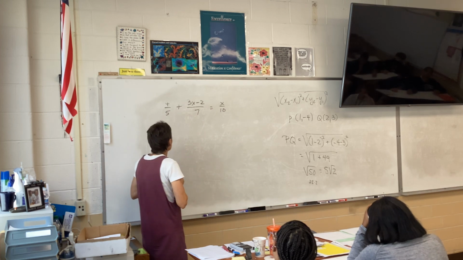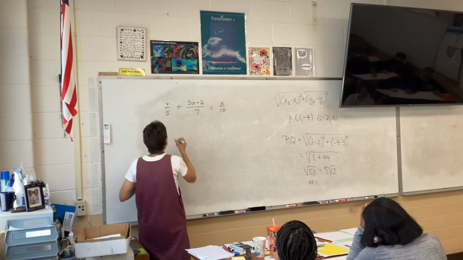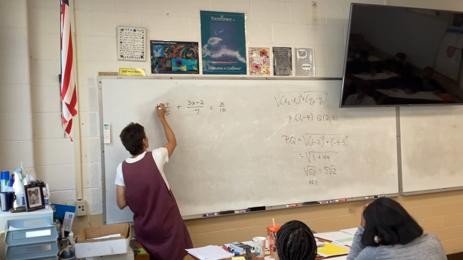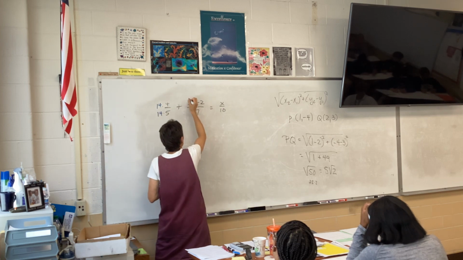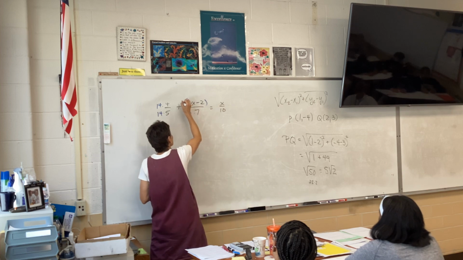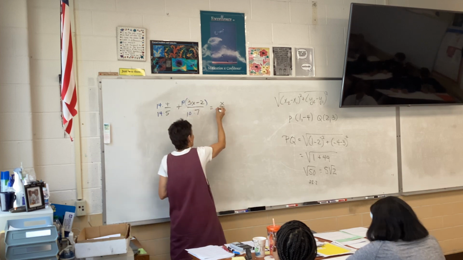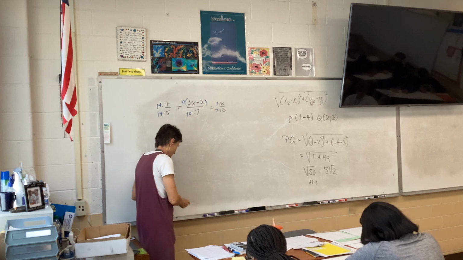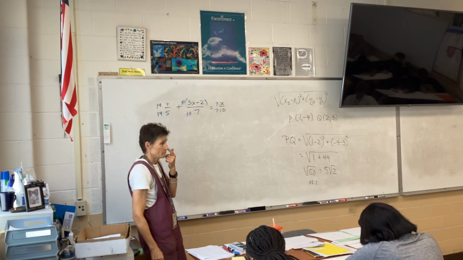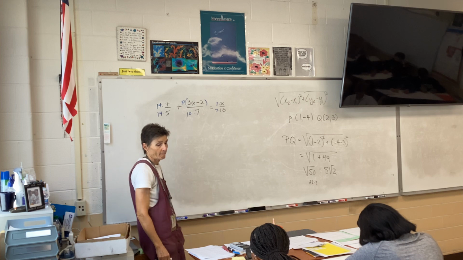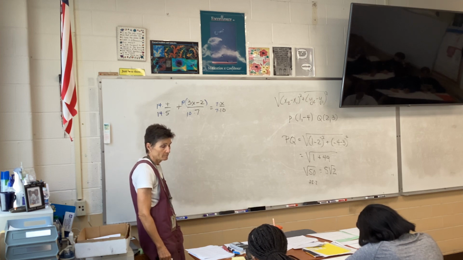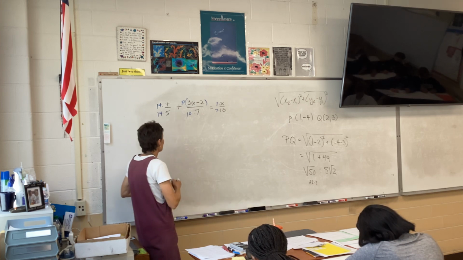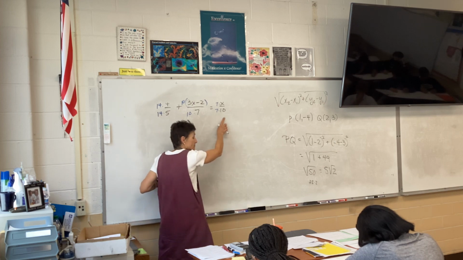Say 70? So this one needs times by 14. This one by 10. And this one by 7. So here we go. They're all 70 now on the bottom.